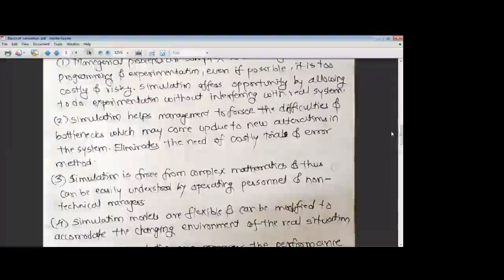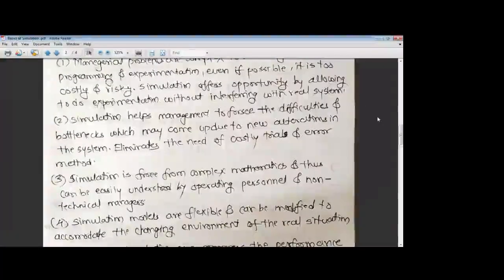Earlier they were doing normal curing, and now they are planning to install a machine that does rapid curing in the form of steam curing, right? Now this is a new alteration that needs to be made. Management has to foresee the difficulties or bottlenecks which may come up due to the new alteration. For example, they have to see whether the space is okay or not, but there can be many bottlenecks and difficulties which may come up afterward, right?